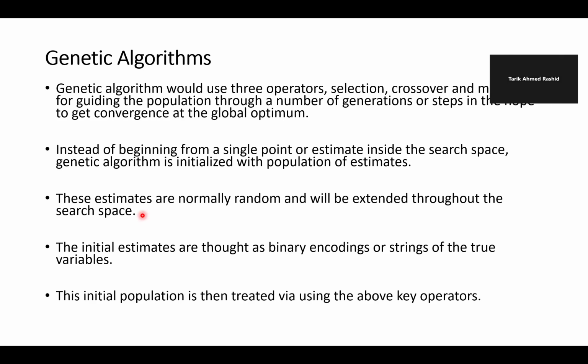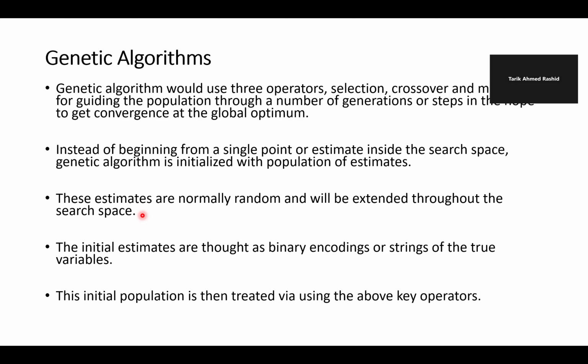The algorithm uses three operators, selection, crossover, and mutation, to guide the search through the search space until we arrive at the convergence point.